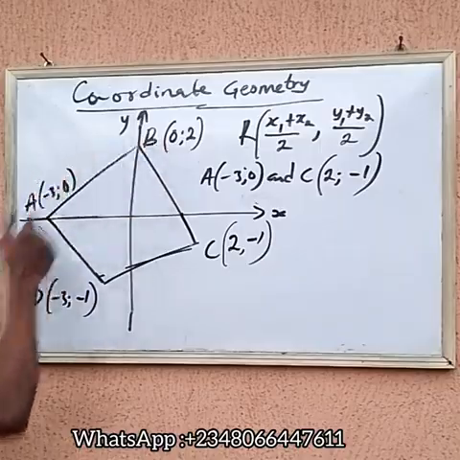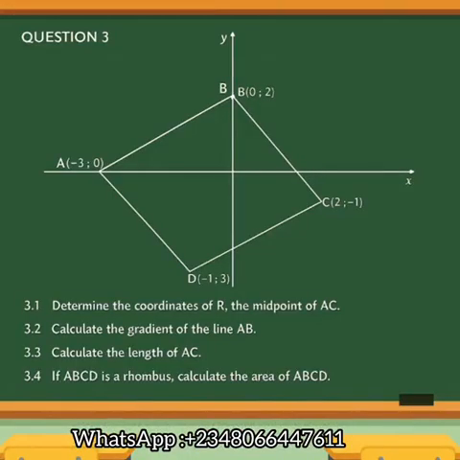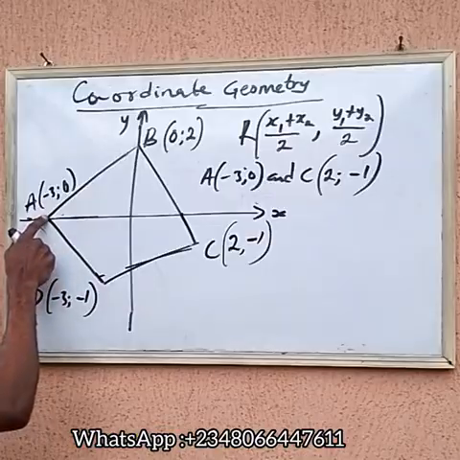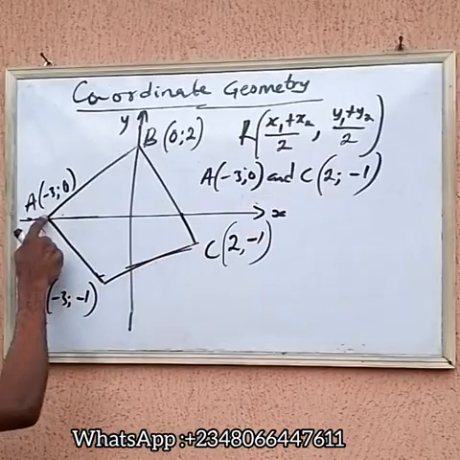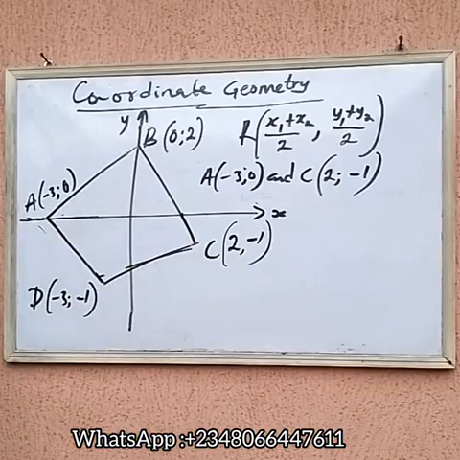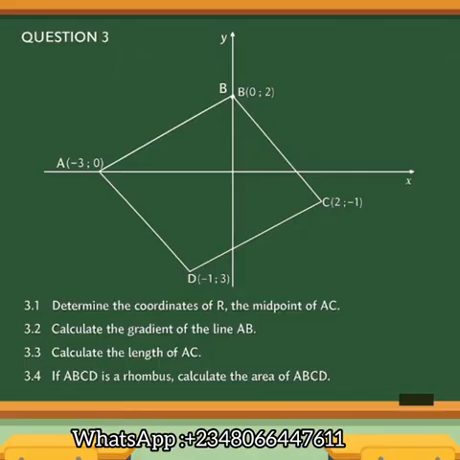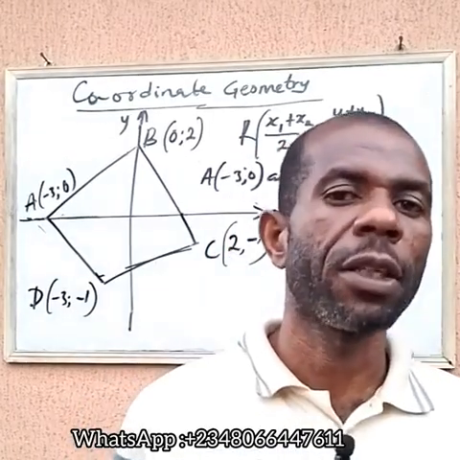Then C, calculate the length AC. Length AC means the distance between these two points. D, if ABCD is a rhombus, calculate the area of ABCD. So let's begin to calculate it one after the other.